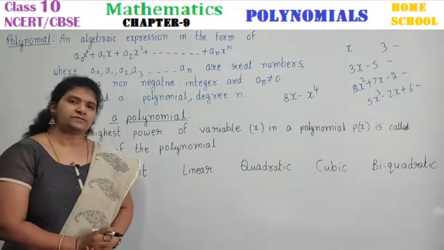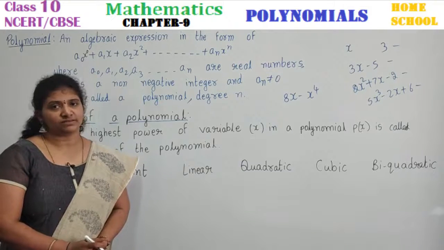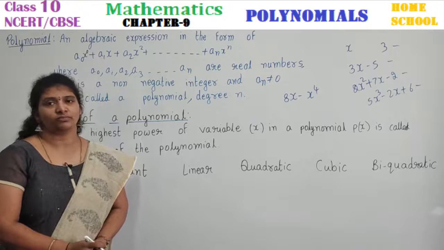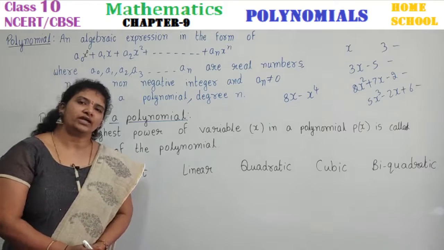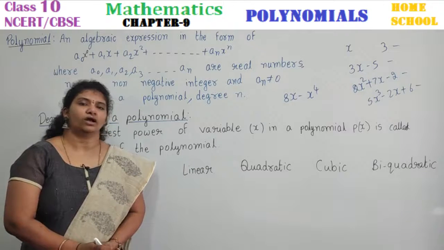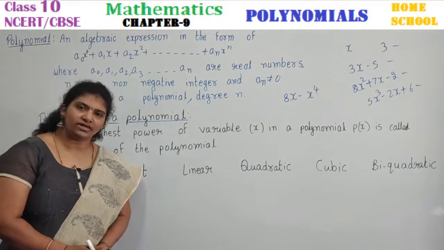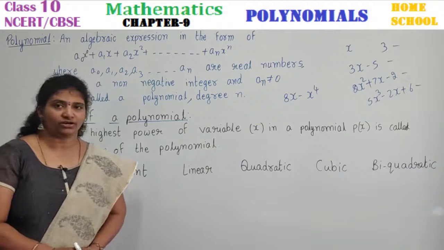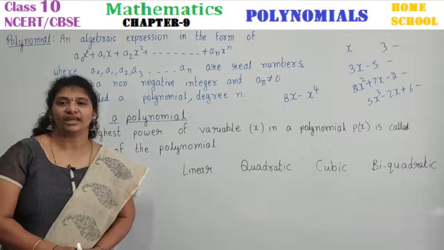An algebraic expression in the form of a0 plus a1x plus a2x square plus a3x cube plus so on up to an x power n, where a0, a1, a2, a3, so on up to an are all real numbers and n is a non-negative integer, is called a polynomial and it is of degree n.